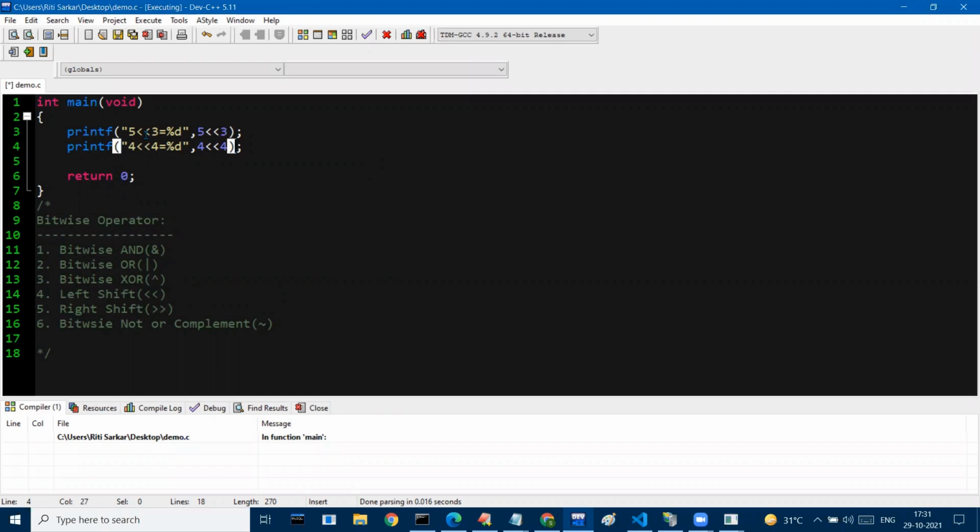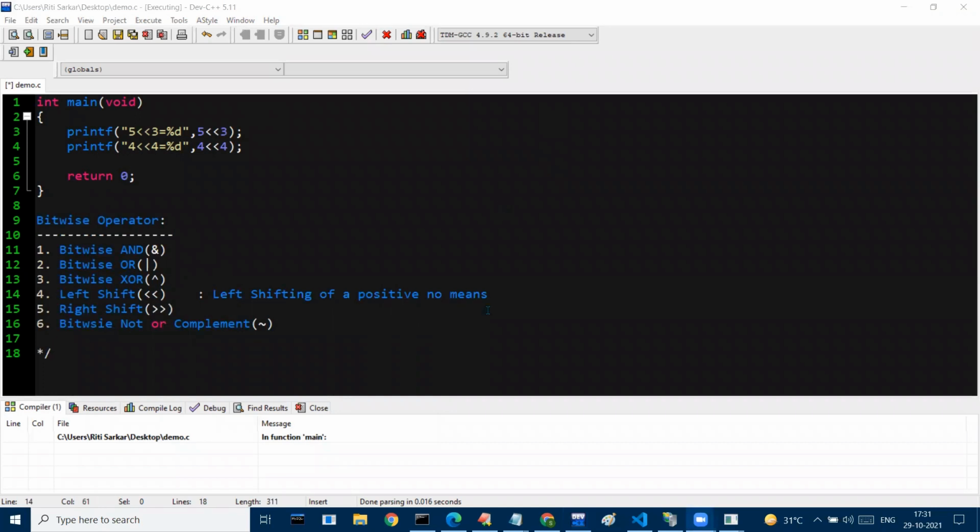Very simple. Left shift means what? Left shifting of a positive number means, yeah, already some students started giving the answer.